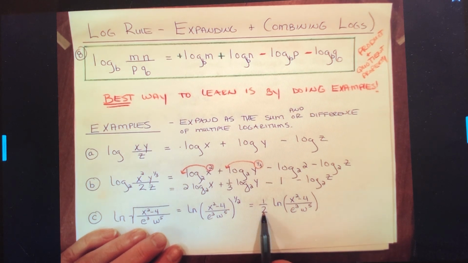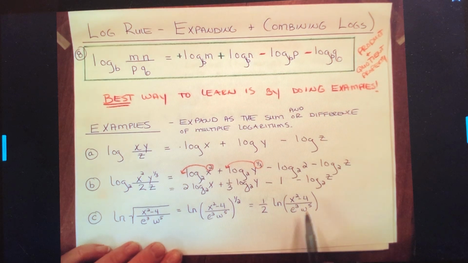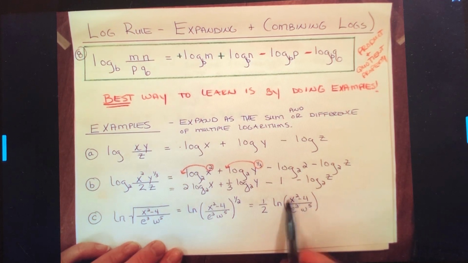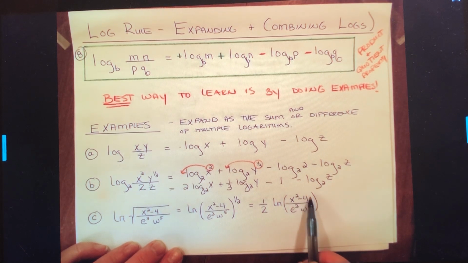This 1/2 is just going to be a multiplier that sits out front when I break this log apart. And if you look inside of here, there's really only 3 terms. Because this is x squared minus 4, that negative sign means this is one term, okay?